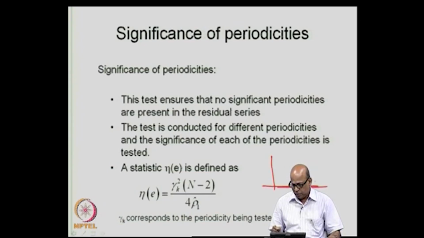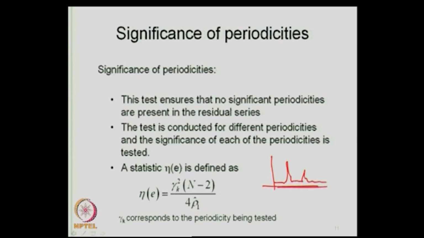Let us say that this is a residual series, and you see that there are certain periodicities here like this. So, we pick the periodicity corresponding to this particular omega value first, and then carry out this test. The k that I am mentioning here corresponds to the particular periodicity that you want to test, one at a time.